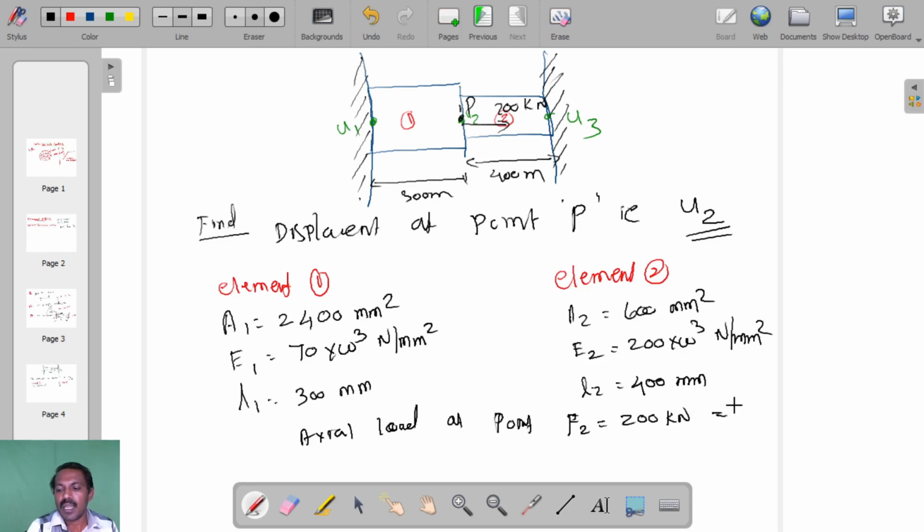We convert the 200 kilonewton into 200 into 10 power 3 Newton. This is the given data of this problem.